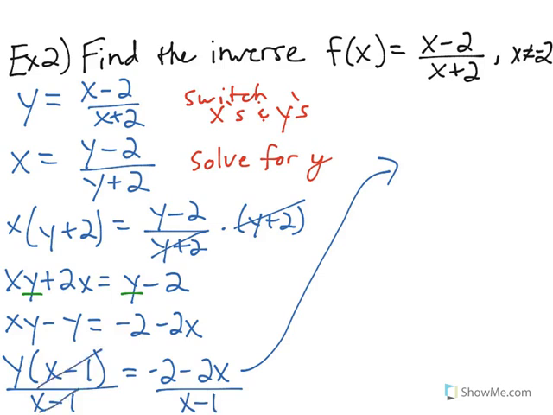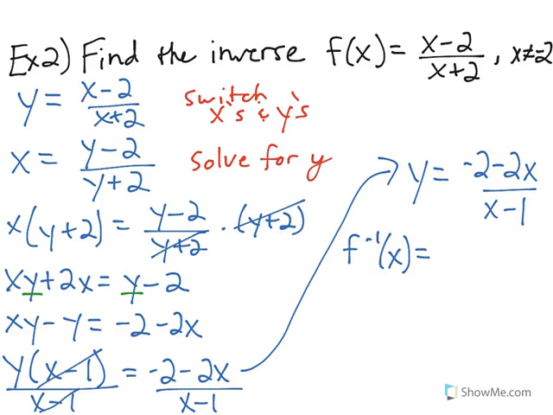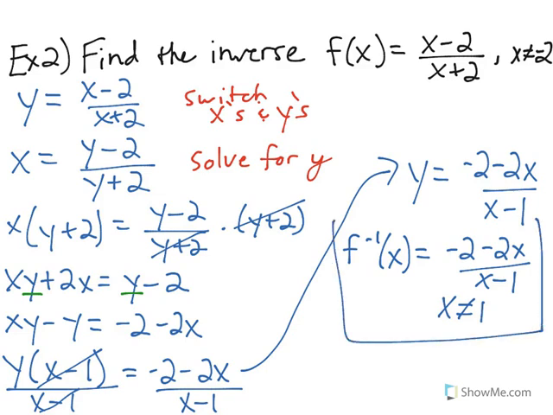So these would cancel, and we would have y equals negative 2 minus 2x over x minus 1. So therefore, our inverse of f of x is negative 2 minus 2x over x minus 1. And our domain, x cannot equal 1. And there is our inverse.